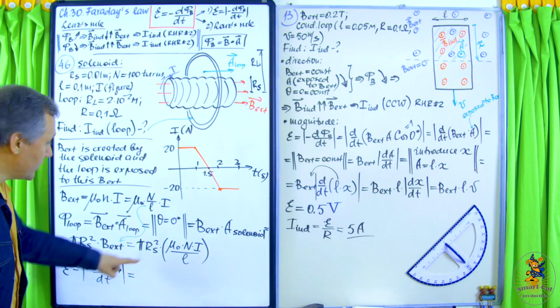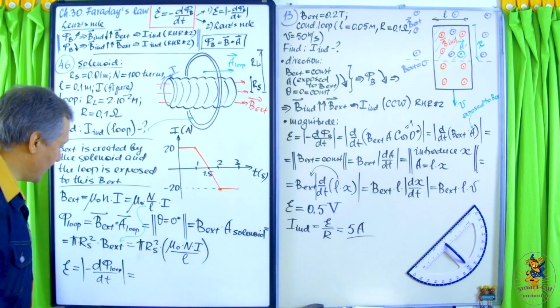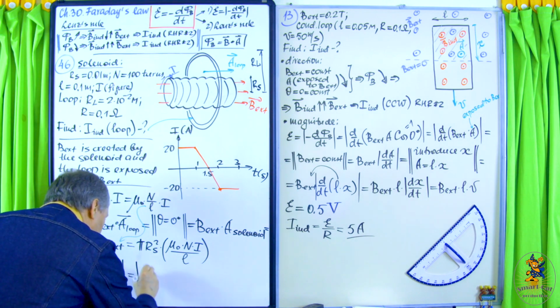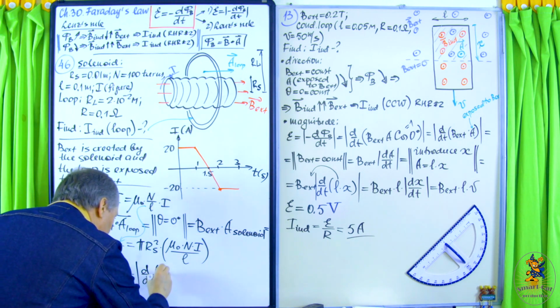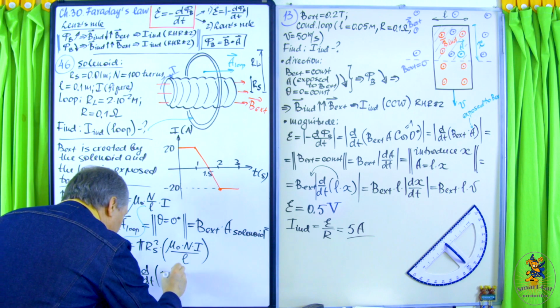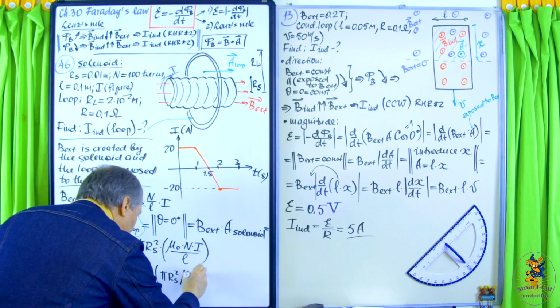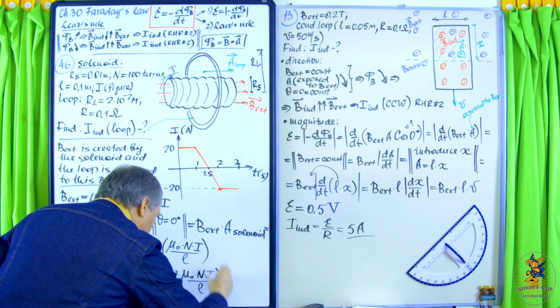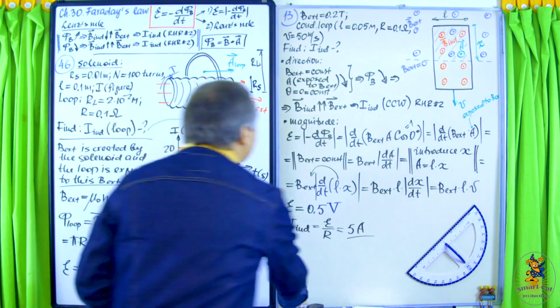And let's see which parameters are constant in time. Maybe I will write first d over dt of pi r solenoid squared mu naught n I divided by L. I just rewrote it.